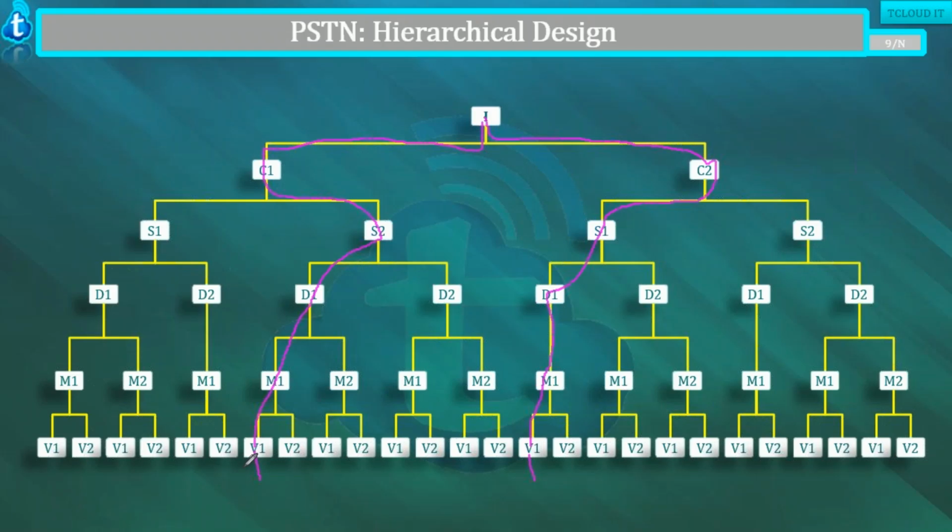So, without having direct connectivity between any two end devices, by maintaining this kind of hierarchy, they have created an architecture where you could make a call from any device to any device in the world. That is what you typically do in the landline phones.